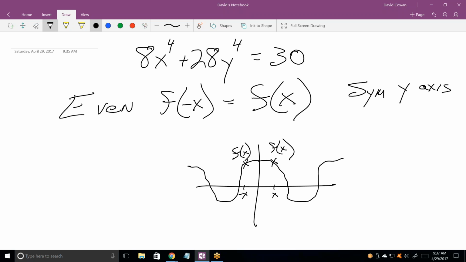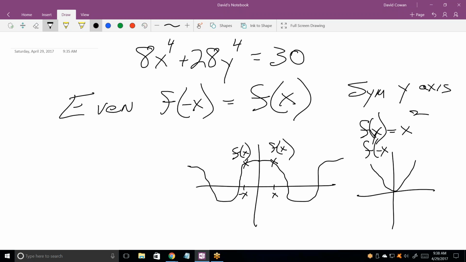Okay. But this is true. In other words, if a function is an even function, like y equals x squared is an even function, that's the best one to remember because the exponent is an even number. That has symmetry about the y-axis. Okay. And it's also true, I guess it's better to use f of x notation in these, that f of negative x is equal to f of x.